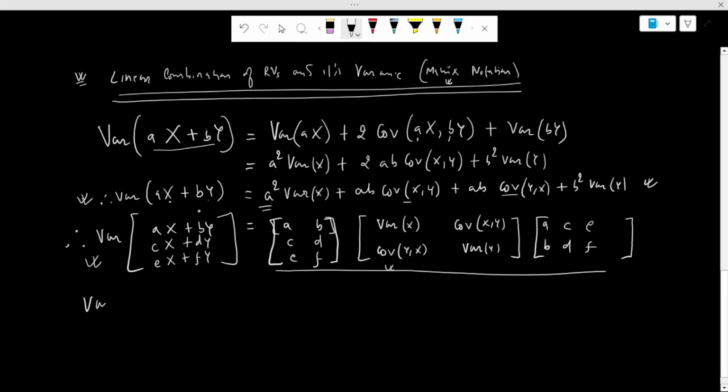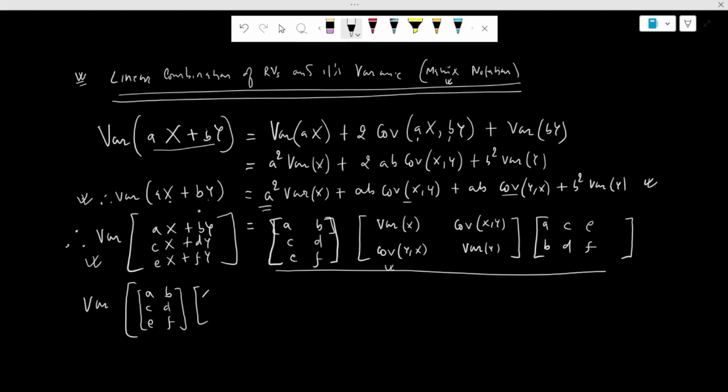Now let us see. We have here three sets of linear combinations. We want to calculate the variance in a single go. Let us segregate the three linear combinations into a matrix of scales of variables and the vector of variables.